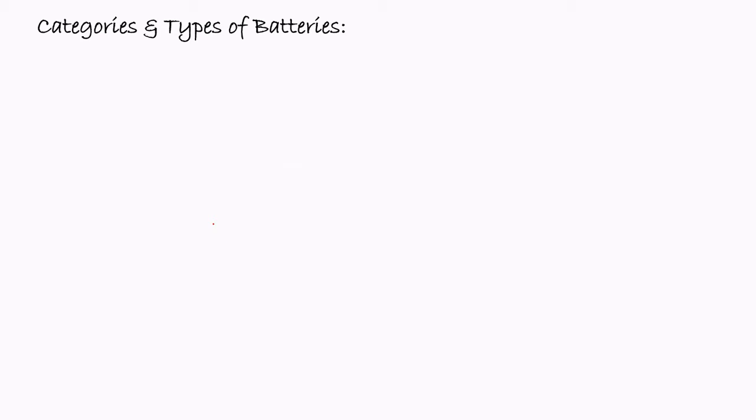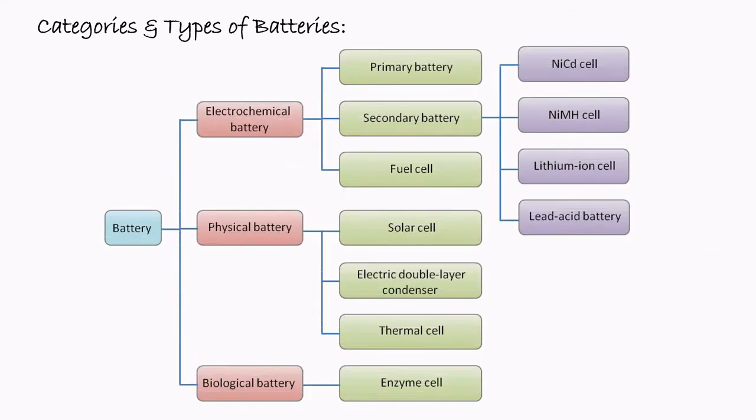Let's see the categories and types of batteries. Here is the complete category of the battery. It is basically divided into three primary parts: the electrochemical battery, the physical battery, and the biological battery. The electrochemical batteries are further divided into three parts: the primary battery, the secondary battery, and the fuel cell.